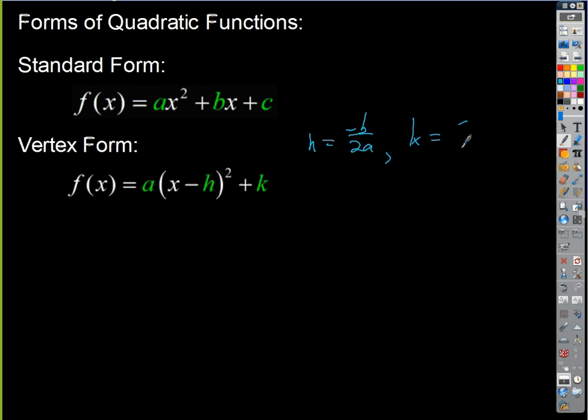Plug it in: f of h. So that's how I go from this form to that form. You've got to know those four things. Put boxes around these.